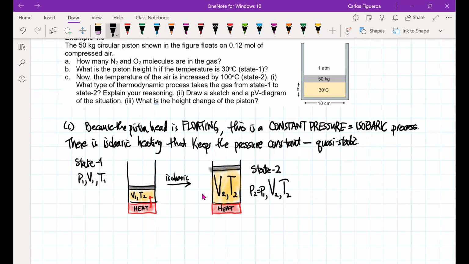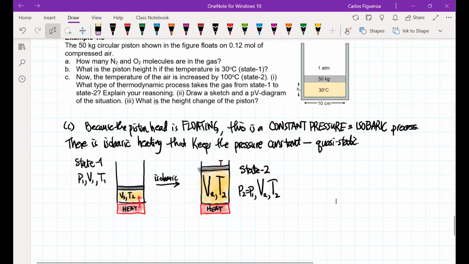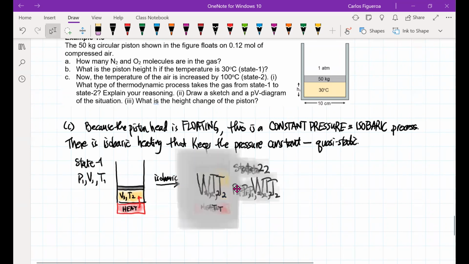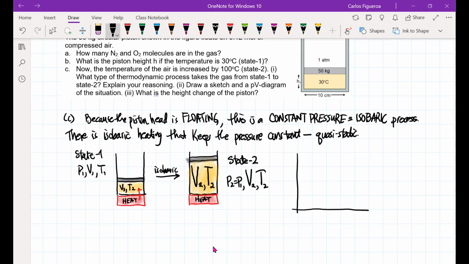So when I look at this on a PV diagram, it looks something like this. I'm going to move this over here just to conserve some space. So here's my state 1, here's my state 2, and my process goes straight across this pressure volume diagram.